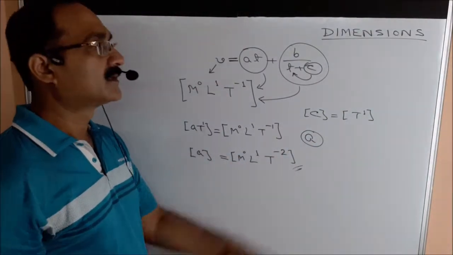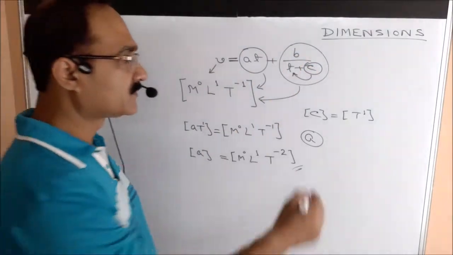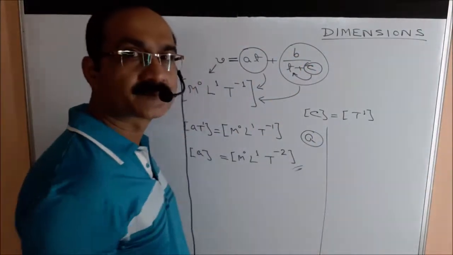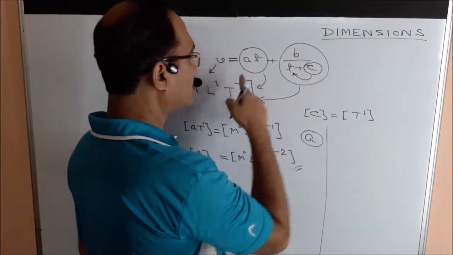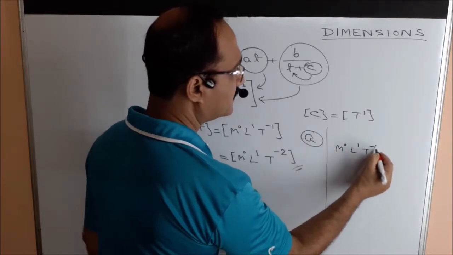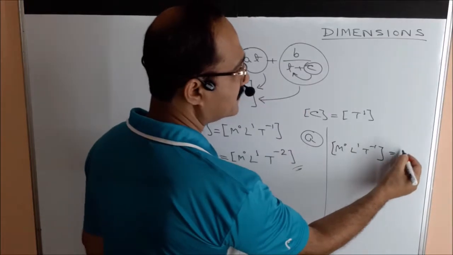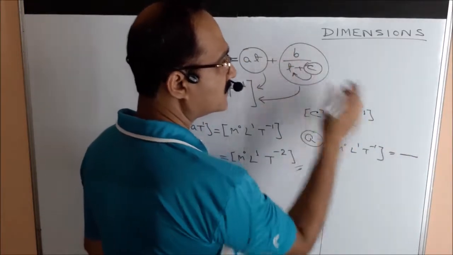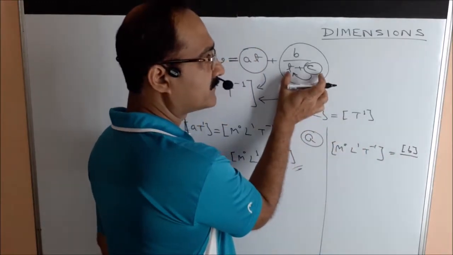Right? Now if we have to find the dimension of B, how do you do it? We can do it like this. So dimension of this whole term is this. So m0 L to the power 1 T to the power minus 1 is the dimension of this. When you say dimension of this, so this is dimension of B and dimension of this.